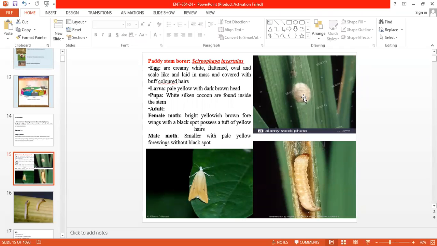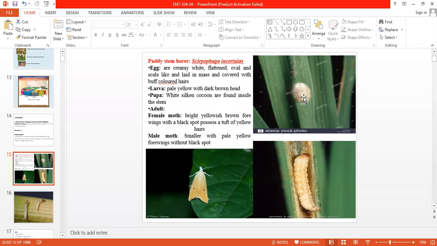So that is the specific site of oviposition of the yellow stem borer, the upper surface of leaf tips.